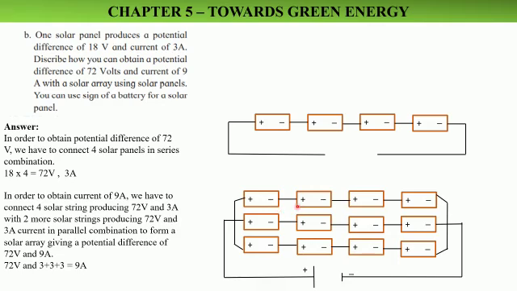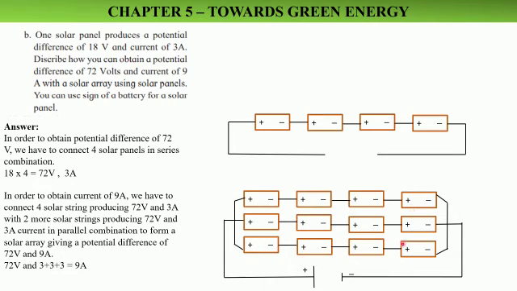So now we want current of 9 amperes. So we will have to connect 4 solar strings. This is a solar string comprising 4 solar panels and it is producing 72 volts and 3 amperes current. Now this has to be connected with 2 more solar strings. Here we have 2 more solar strings producing 72 volts and 3 amperes current. But they must be in parallel combination.